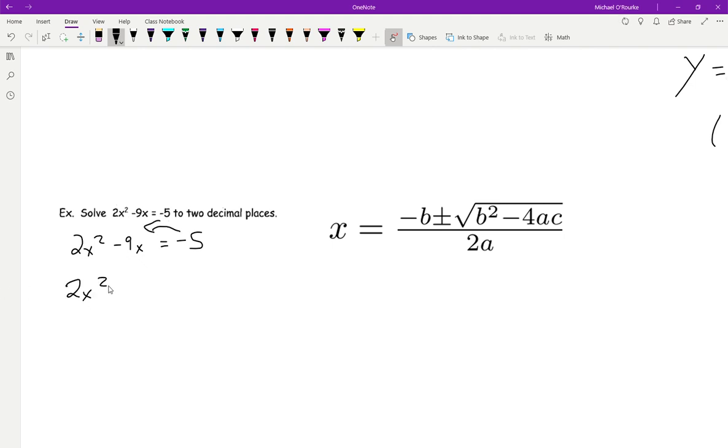So we get 2x squared minus 9x plus 5 equals 0. Now we can work with the formula. Who wants to tell me what my A, B, and C values are for this? Okay? Who can tell me that? Type in what you think the A value is, type in what you think your B value is, and your C value.